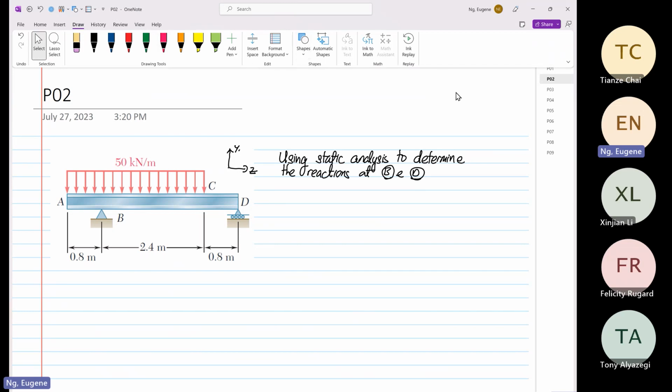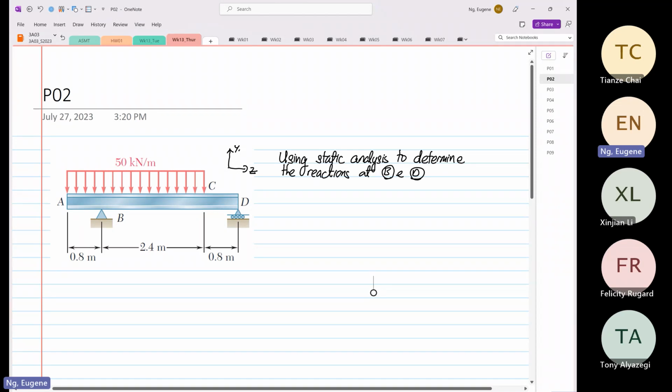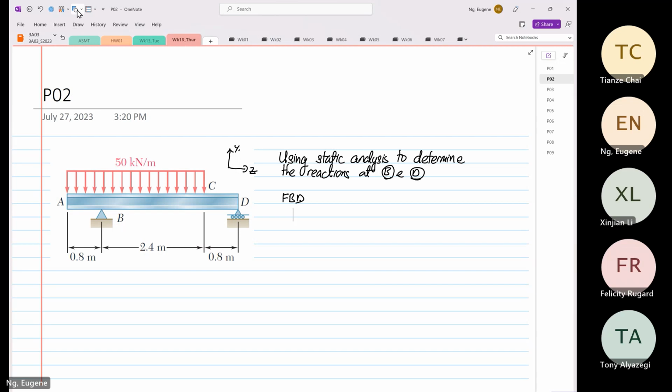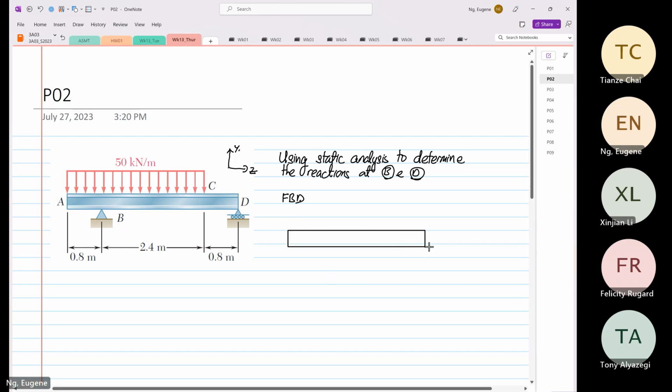So the first thing we'll do is our free body diagram, right? So we know that this is our beam, okay?